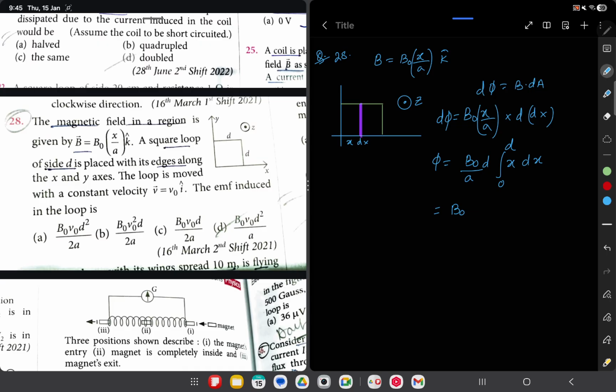Okay, this loop is moved with some constant velocity. Okay, let's say this will be the flux.